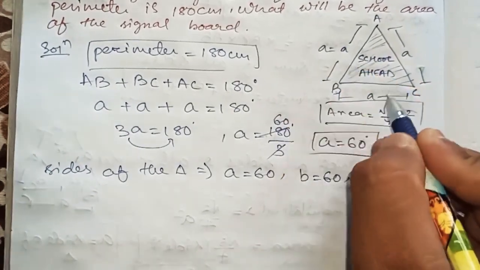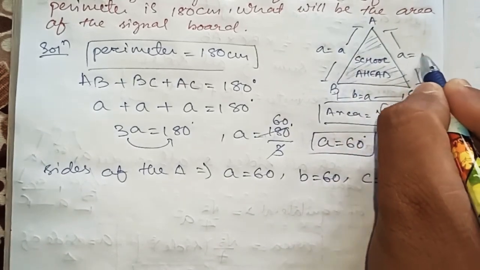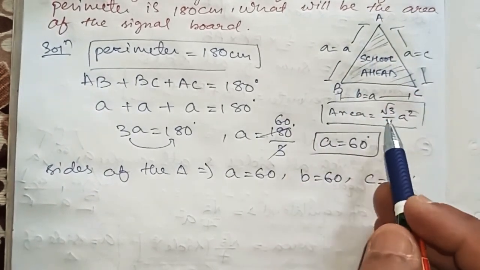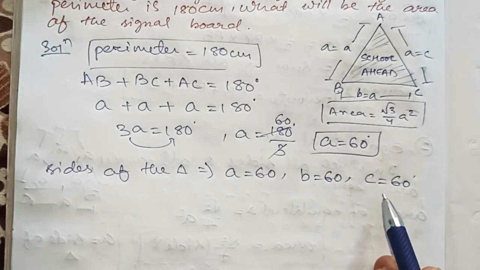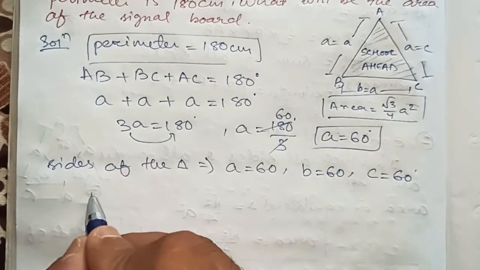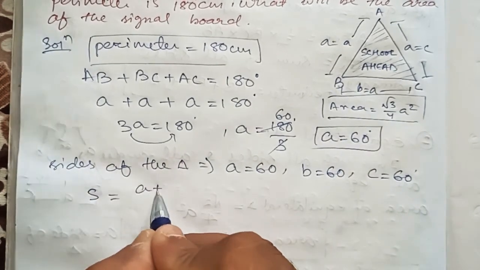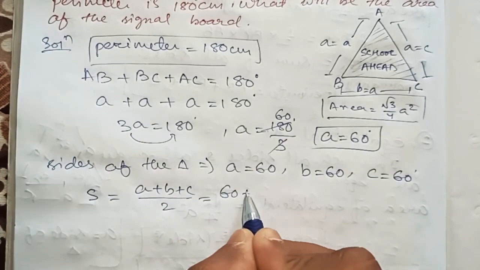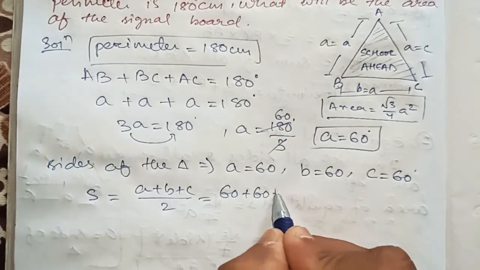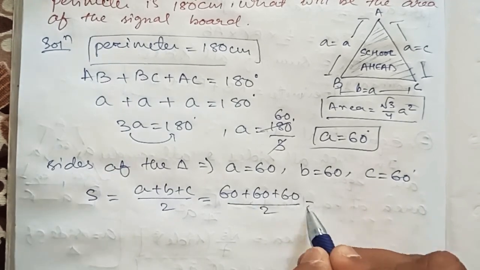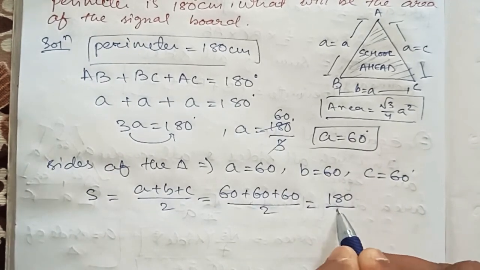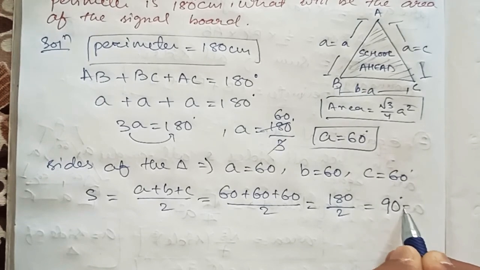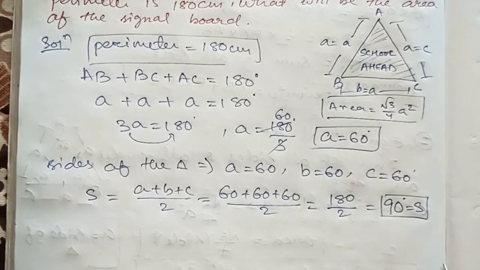Now find out the value of s. s is a plus b plus c by 2, that is 60 plus 60 plus 60 by 2, equals 180 by 2, which is 90. So the value of s is 90.